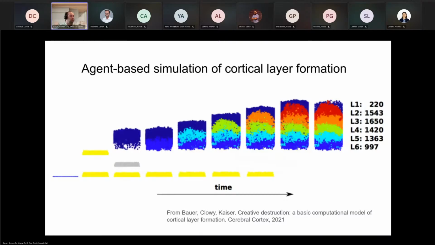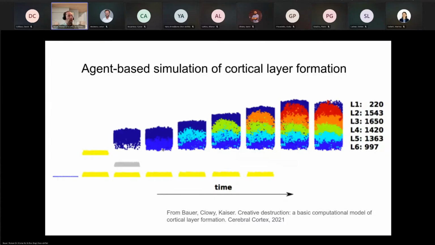And then we simulated this with agent-based modeling. Here you can see the initial stage on the left-hand side. We have an undifferentiated pool of precursor cells, and they then produce different types of cells, and also they produce them in the right order.